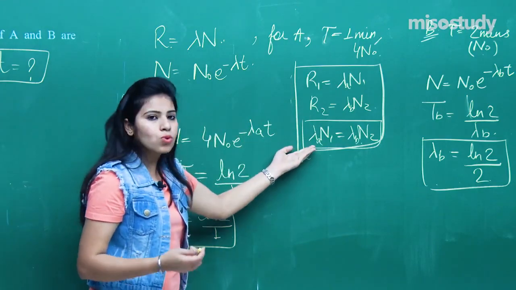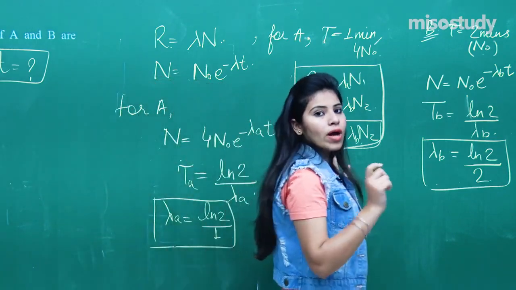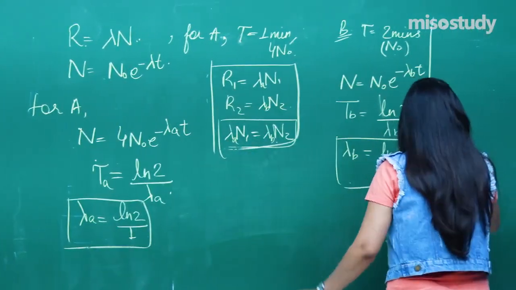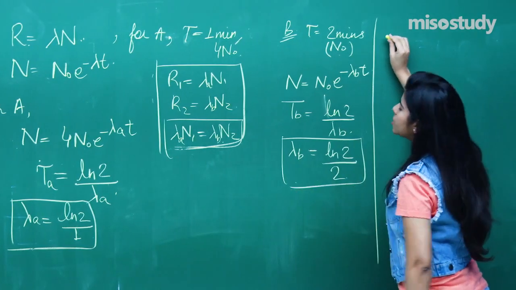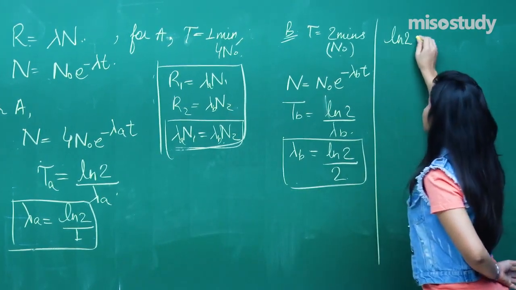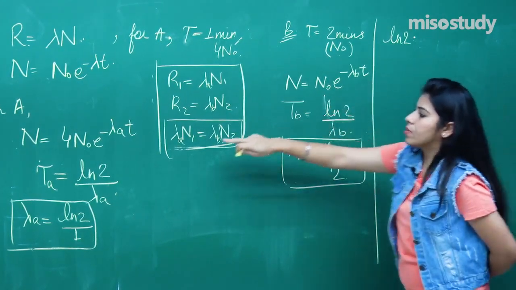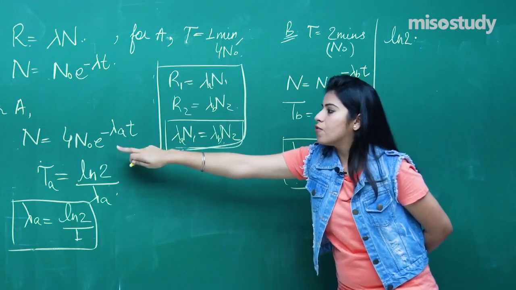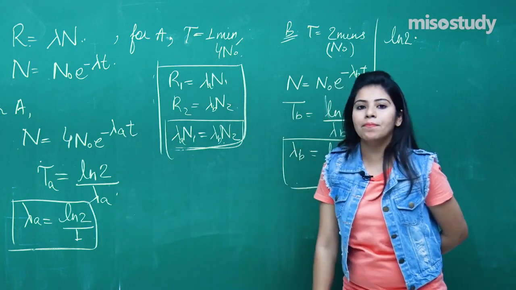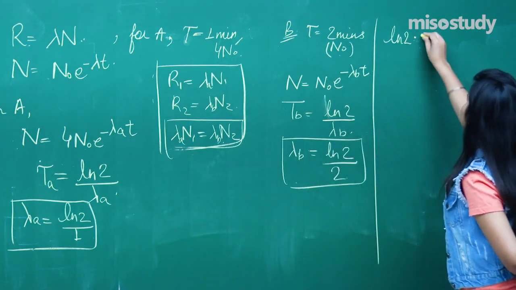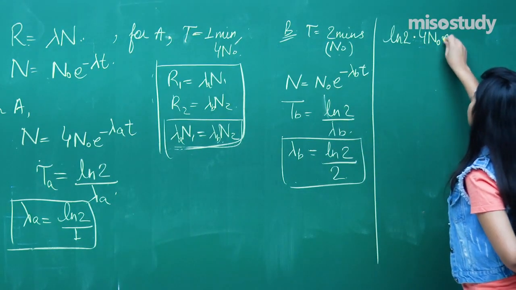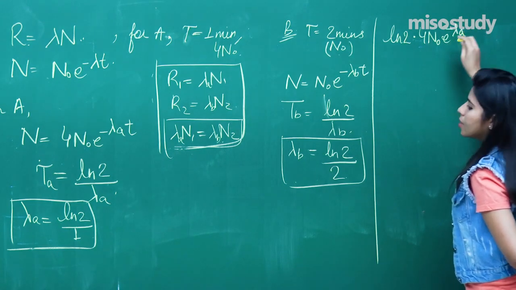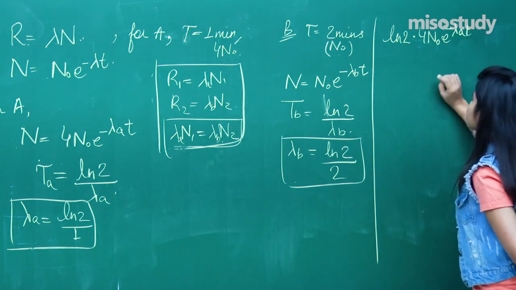So let us just do for this lambda into n1. Lambda a is log 2 upon 1 into n1. You can see over here n for the case of A is 4n naught e raised to the power minus lambda a t. So put this here, 4n naught e raised to the power minus lambda a into t.